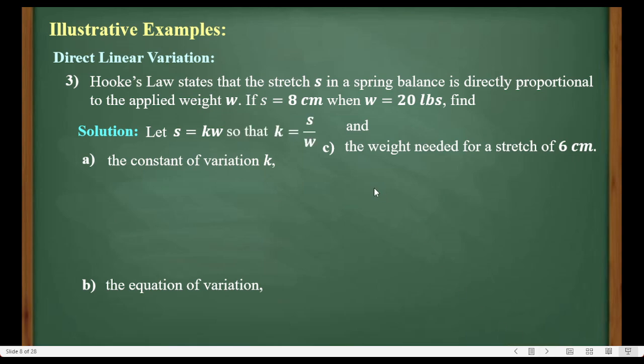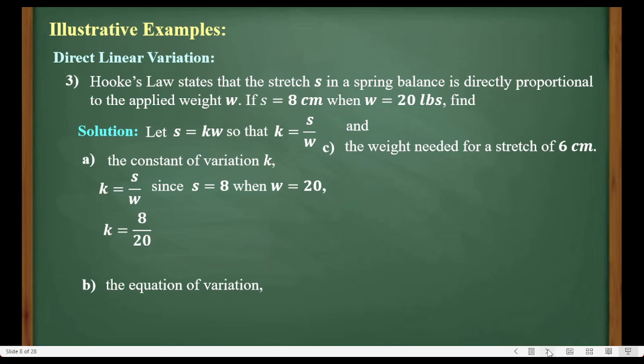S over W. Making use of this equation solved for K, we can compute the value of the constant of variation using the initial values of the stretch and the weight applied. So initially, S is 8, while W or the weight applied is 20. You plug in these two values to this equation, and we can solve for K.